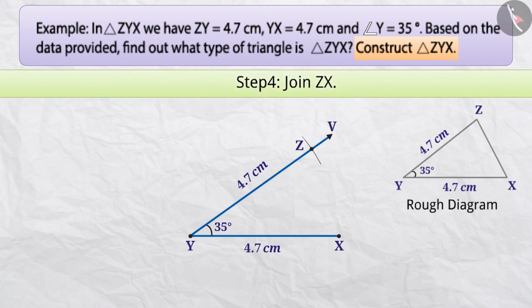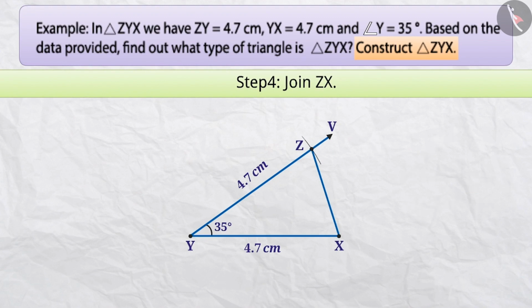Next we will join points Z and X and draw the third side ZX, which completes the construction of the triangle. Thus, we have obtained triangle ZYX, where ZY is equal to 4.7 cm, YX is equal to 4.7 cm, and angle Y is equal to 35 degrees.